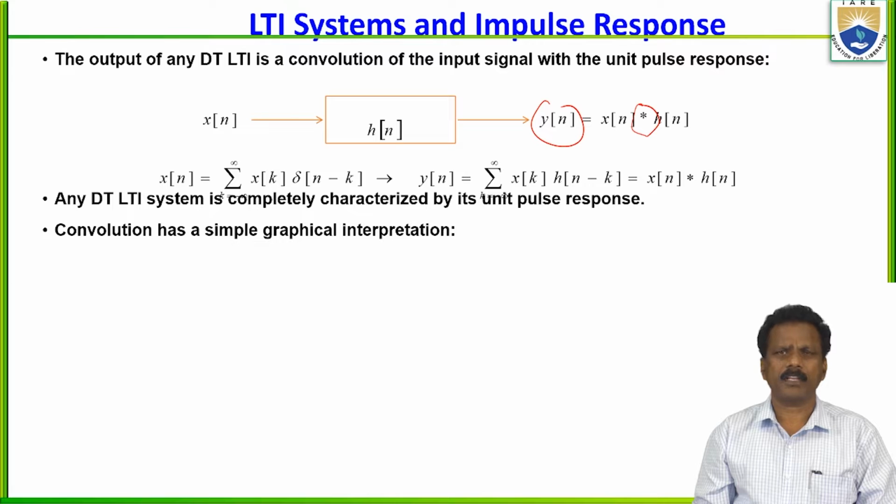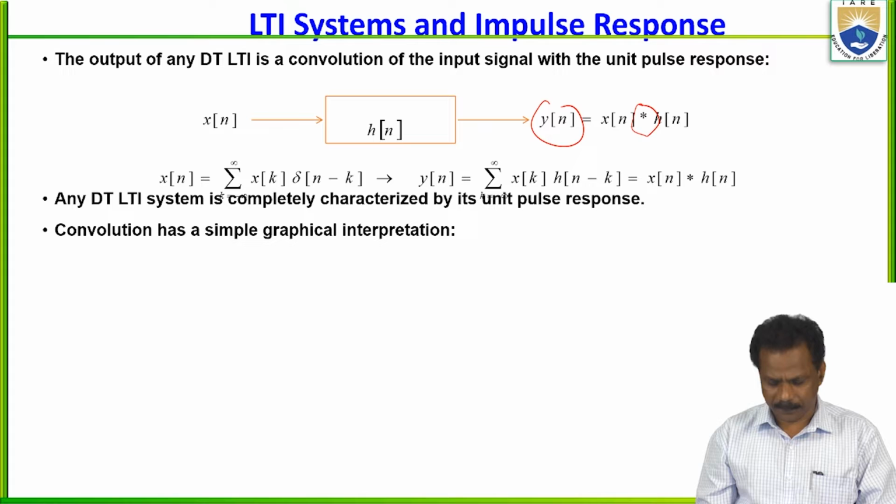The output of any LTI system is the convolution of the input signal with the unit pulse response, where x of n is equal to the summation over k from minus infinity to infinity of x of k times delta of n minus k. We verify that the output y of n is equal to the summation over k from minus infinity to plus infinity of x of k times h of n minus k, which is also x of n convolved with h of n.